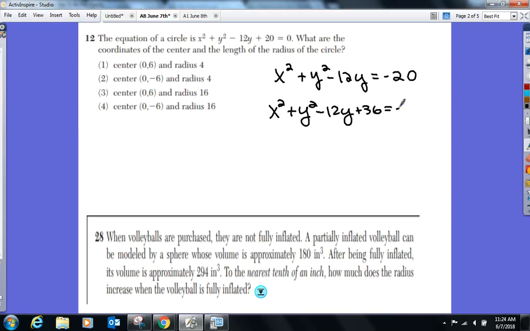Make sure you add it to the right side as well. What's inside your parentheses? Y minus 6 squared, and then over here you should have 16.